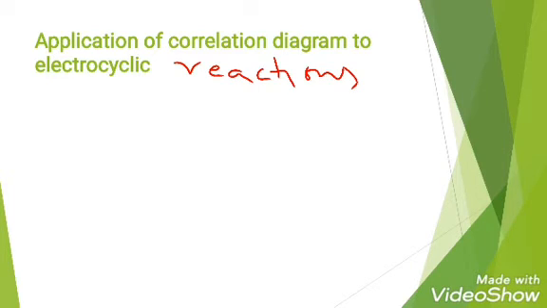And if the substrate is an open chain compound, then ring closing takes place to form the product. So electrocyclic reactions are reversible reactions. In these reactions, either ring closing or ring opening takes place.